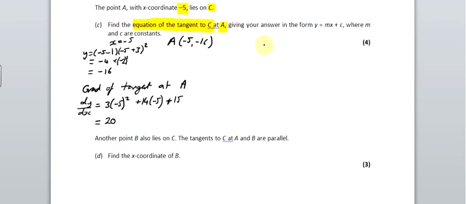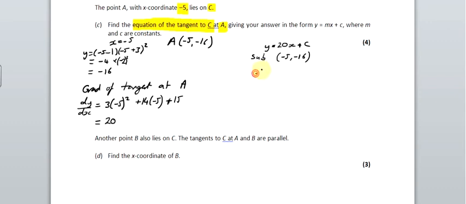Now, that means that y is equal to 20x plus c. So now we substitute our coordinate in to find out our c. So we end up with, sorry, it's not y, is it? It's going to be minus 16.